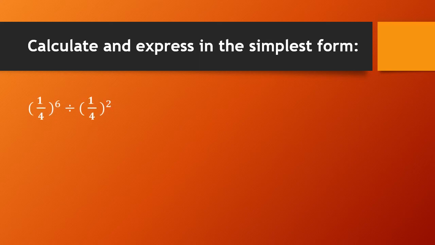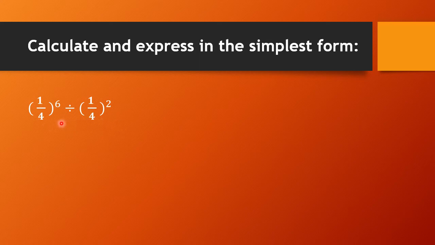(1/4)^6 divided by (1/4)^2. In this exercise, we can notice that the bases are the same and there is a division operation. The rule is when dividing the same bases, we subtract powers.